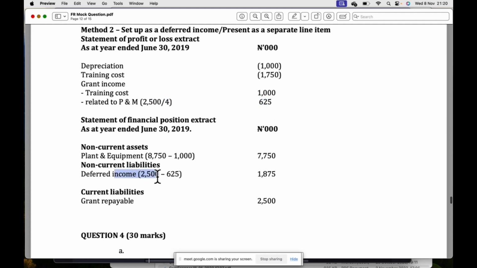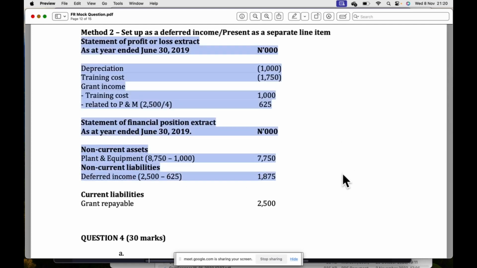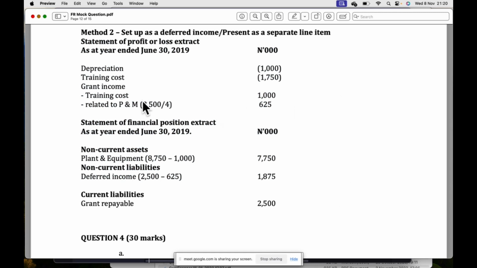The remaining we recognize as deferred. So if I may ask you, in year two, how much are we going to recognize as income and how much will come in as deferred? In year two, I'm talking just in relation to this particular 2.5 that we are setting up as deferred income. It should be 500. 500. Yes, please.